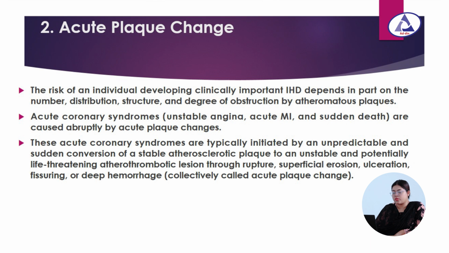These acute coronary syndromes are typically initiated by an unpredictable and sudden conversion of a stable atherosclerotic plaque to an unstable and potentially life-threatening atherosclerotic plaque or lesion through rupture, superficial erosion, ulceration, fissure, or deep hemorrhage, which is collectively called the acute plaque changes.